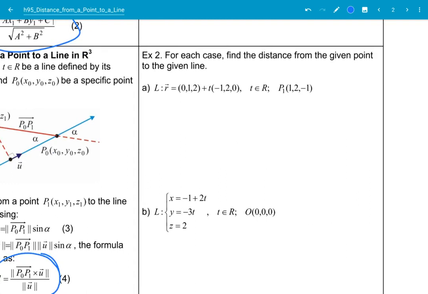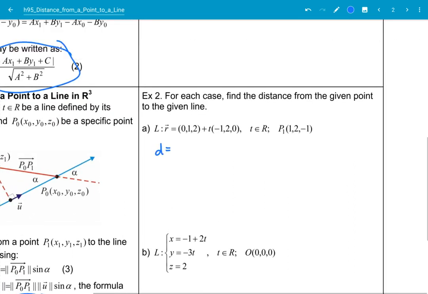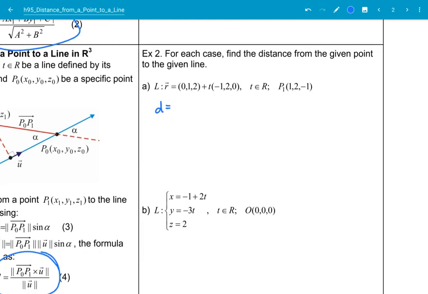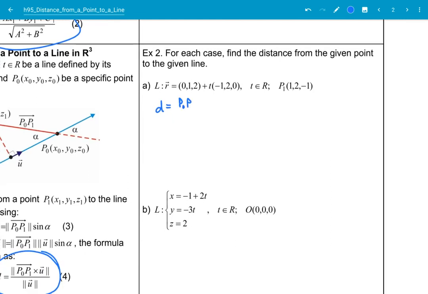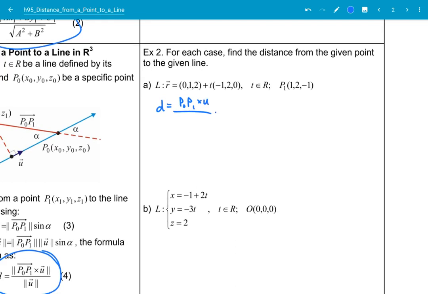Okay, this time we don't have the normal, we have the direction vector. So the distance formula we're going to use is the one involving cross product. So P naught P1 crossed with the direction vector over the magnitude of the direction vector. This is P naught. This is U. So I need to get P naught P1.